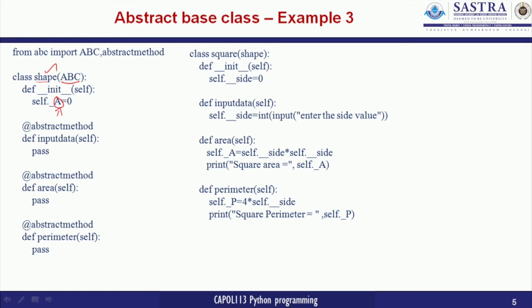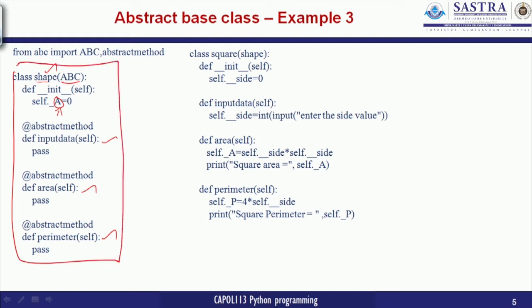And then within the Shape class I have included three abstract methods. One is an input data method, another is an area calculation method, and the third one is a perimeter method. This Shape class is just a model to calculate the area as well as perimeter for any shape.